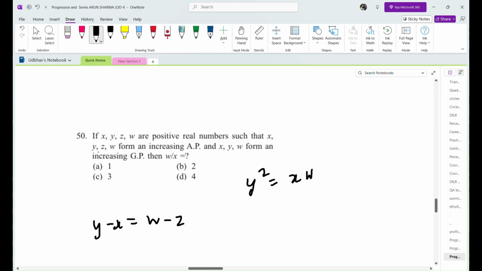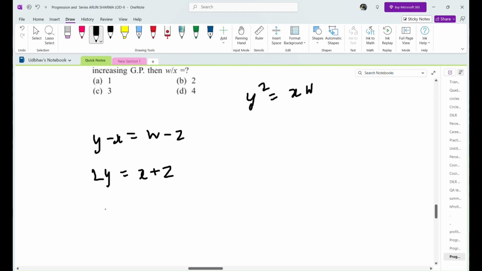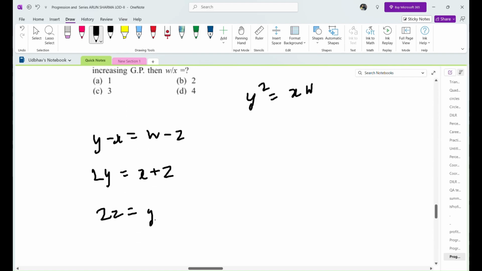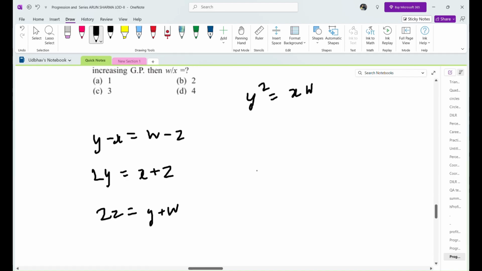We have 2y equals x plus z and 2z equals y plus w. From the property of arithmetic mean and the property of geometric mean we have this. We want a relation between x and w.